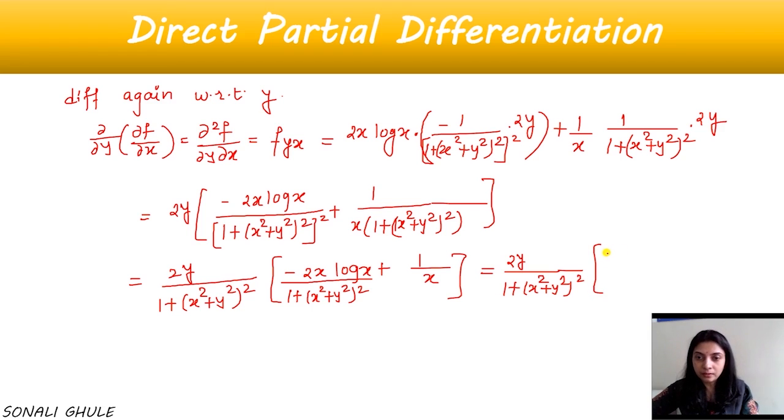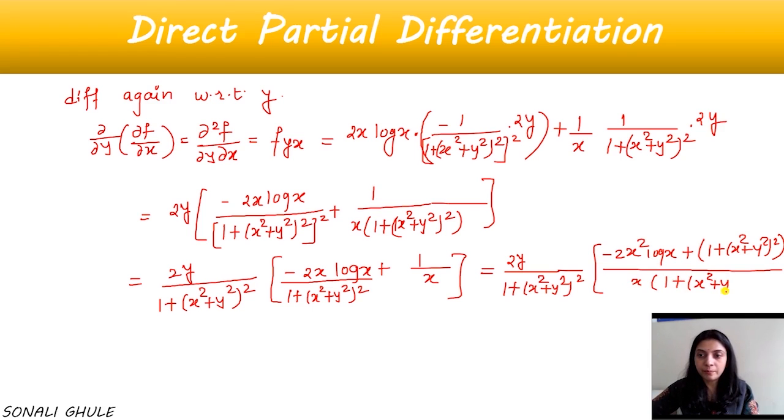And now here it is minus 2x square log x, then plus 1 plus x square plus y square whole square, right? And divided by x into 1 plus x square plus y square whole square.